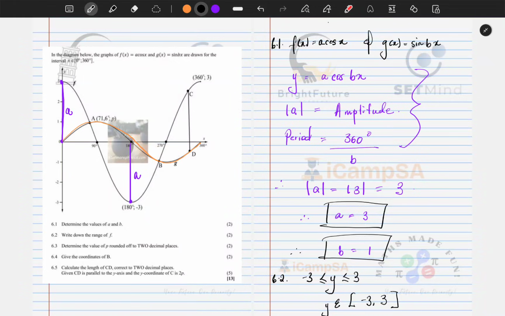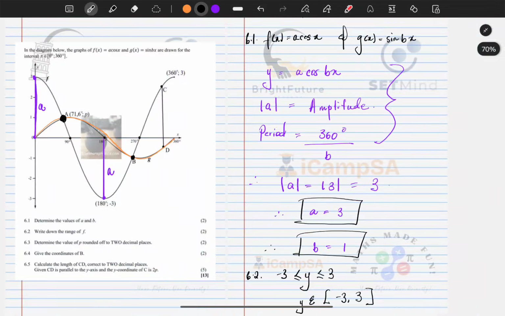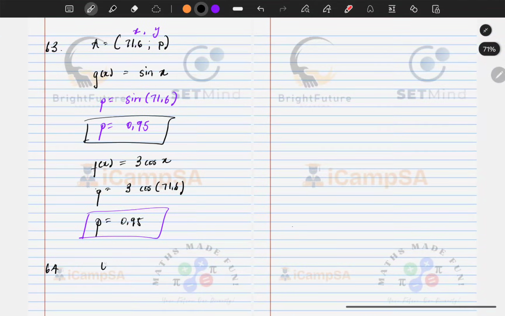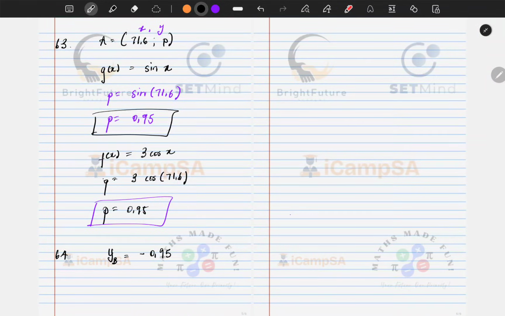So the best way in which we are going to do that is at b, these points are going to be symmetrical about each other, right? So at b, y is going to be the same, but in the opposite direction. So here in this case, your y at b is going to be your negative 0.95, right?